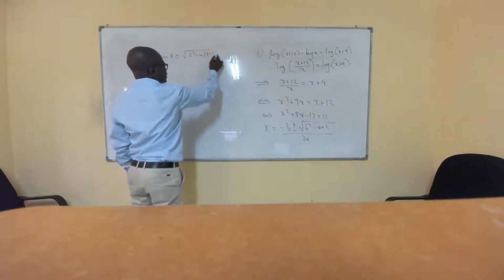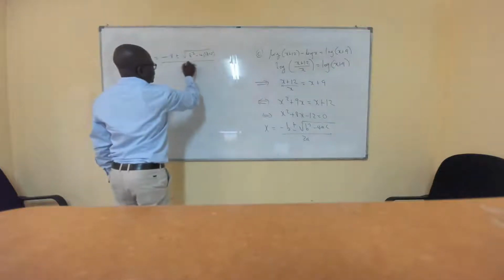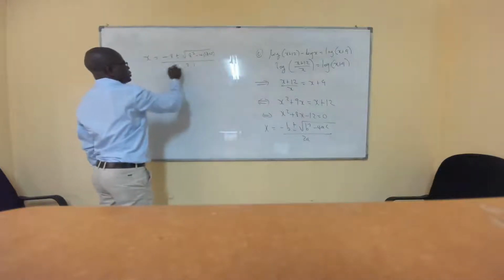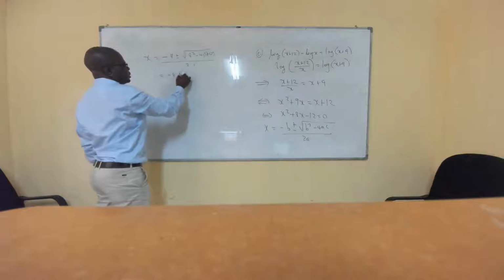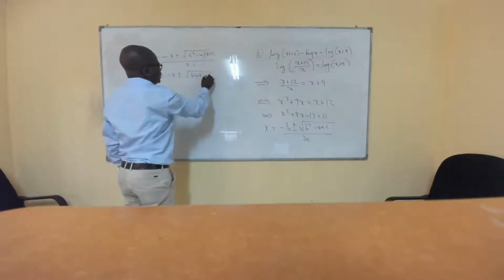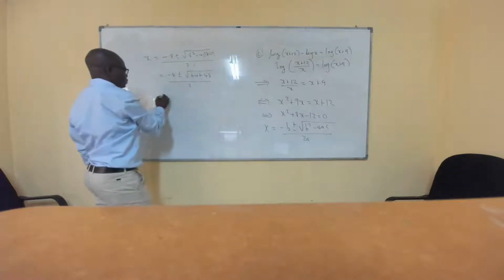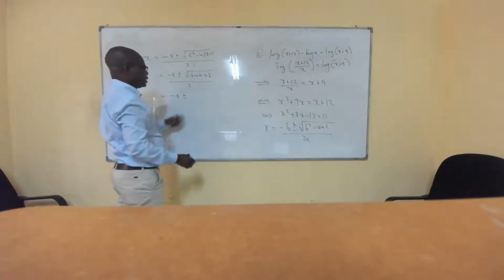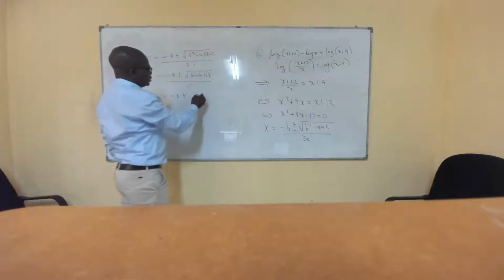So this is basically minus 8 plus or minus the square root of 64 plus 48, over 2.